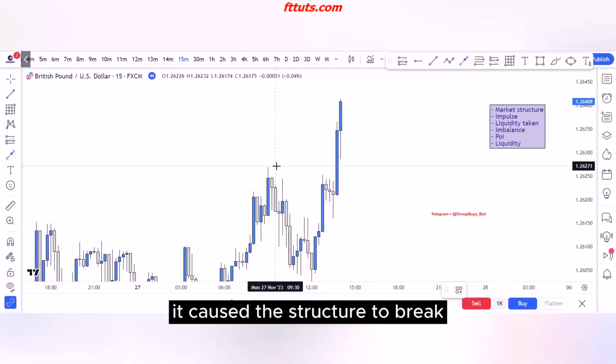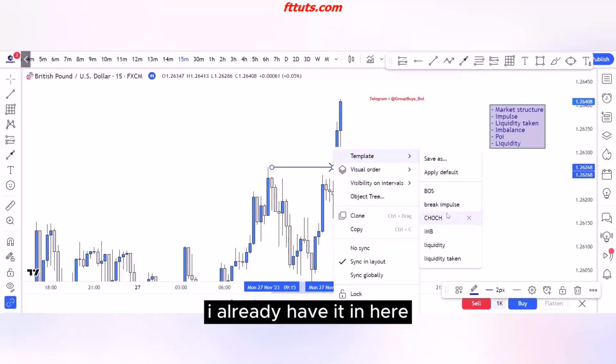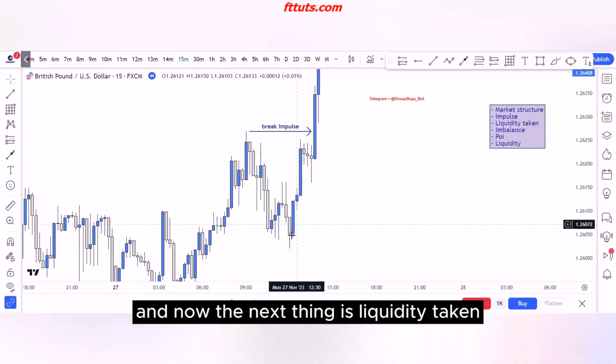It caused the structure to break, so I will mark it in this way. I already have it in here, break impulse, and now the next thing is liquidity taken.